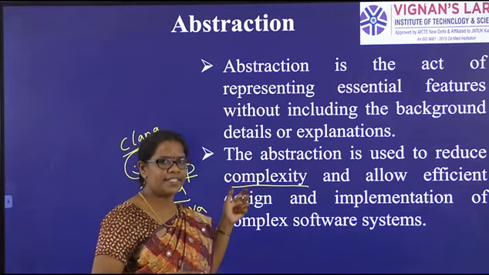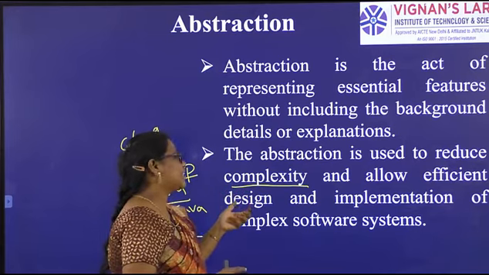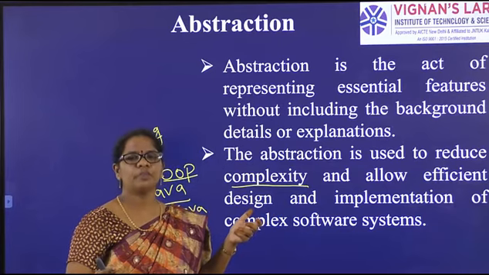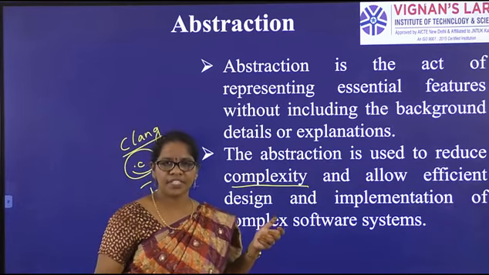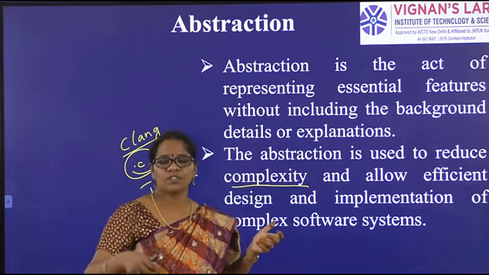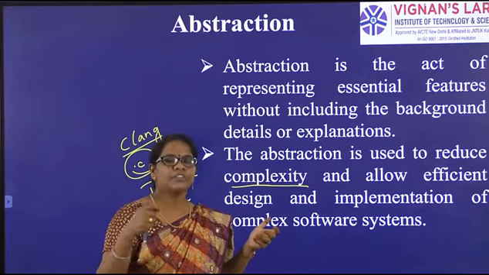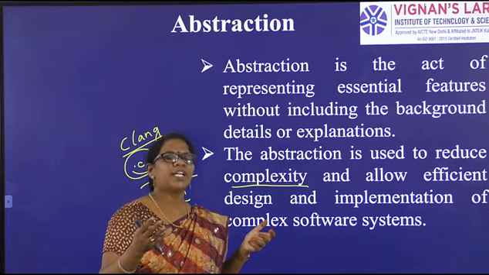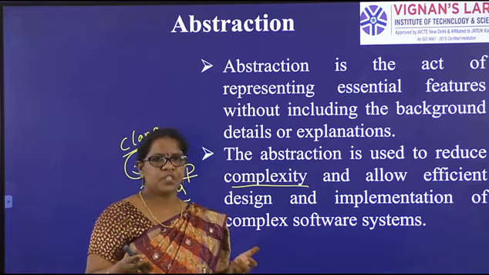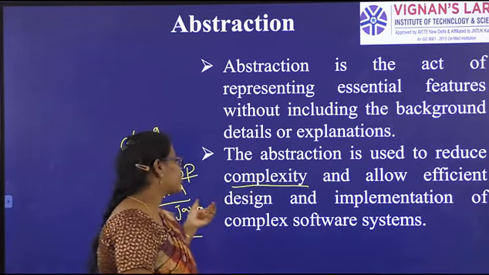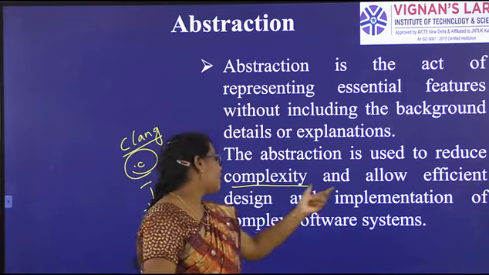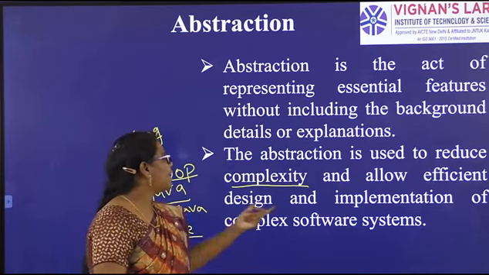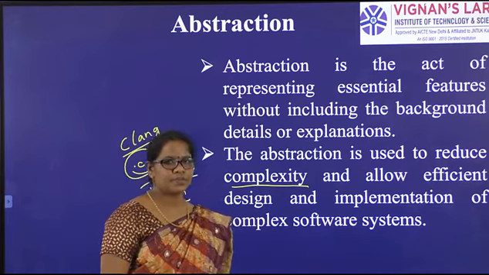If I give the program to you, you will do some modifications in it, and if you write it like this, then how will it work? By doing like that, it will add more complexity. That's why abstraction will reduce the complexity and allow efficient design and implementation of complex software systems.